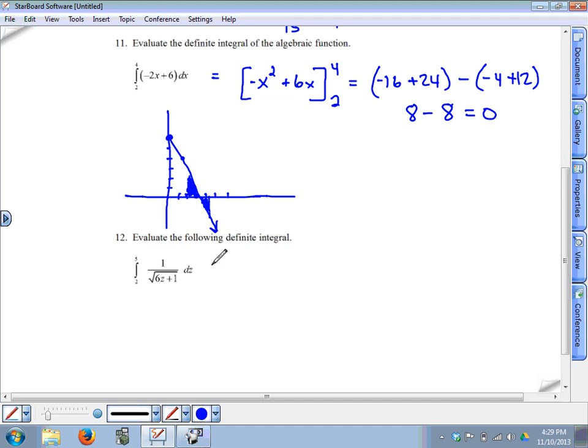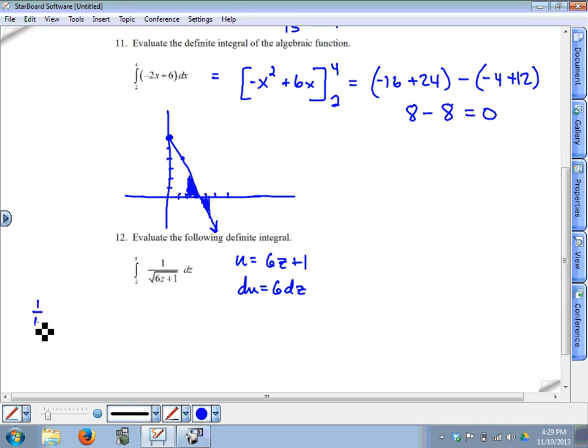Okay, on question 12, we're going to let u equal 6z plus 1, du is equal to 6 dz. So we need to change a few things up. Let's write this up here.